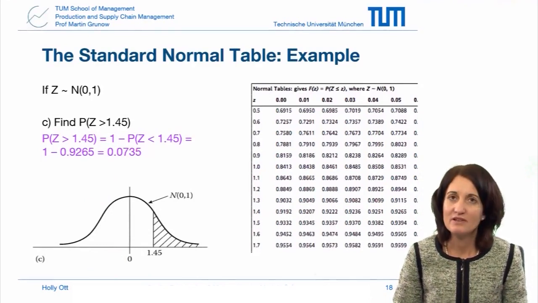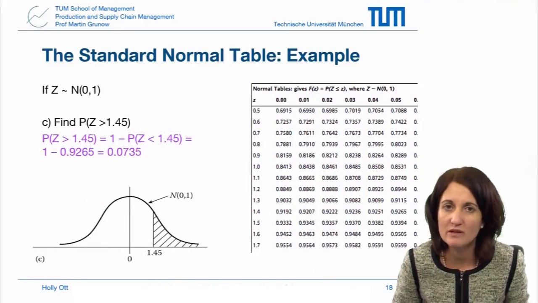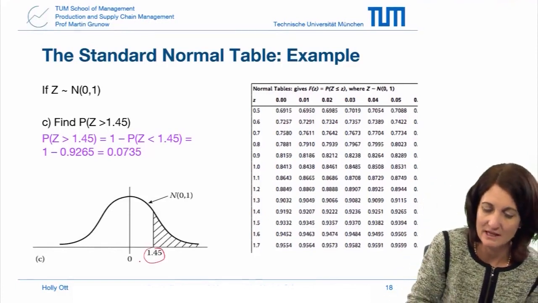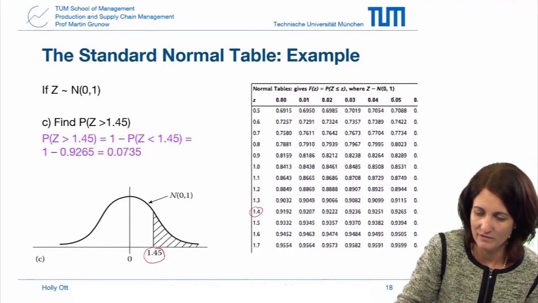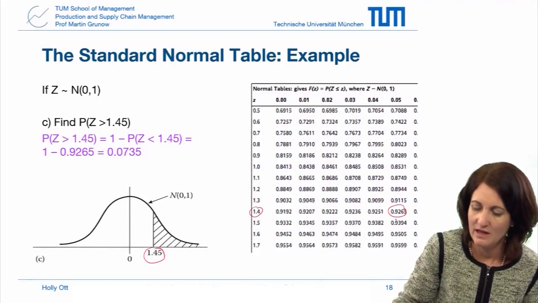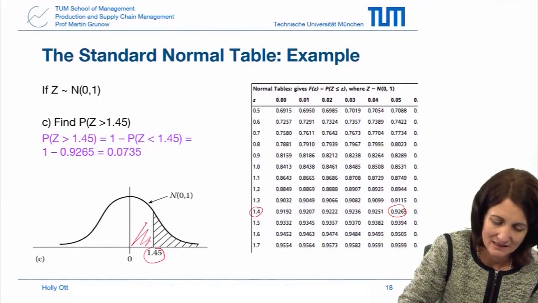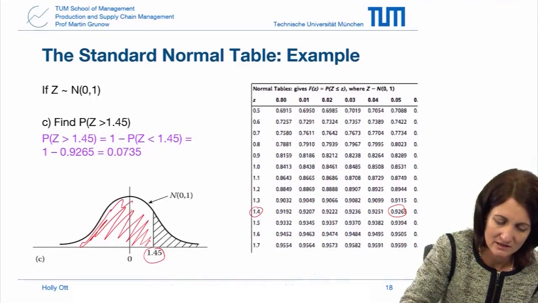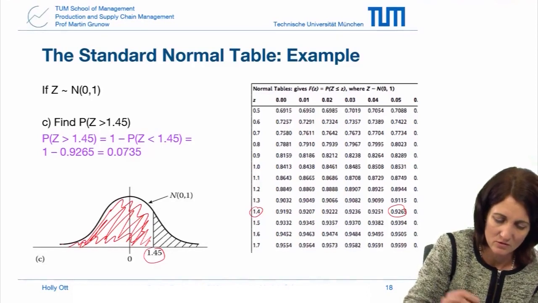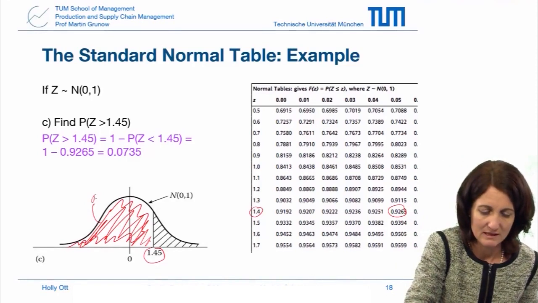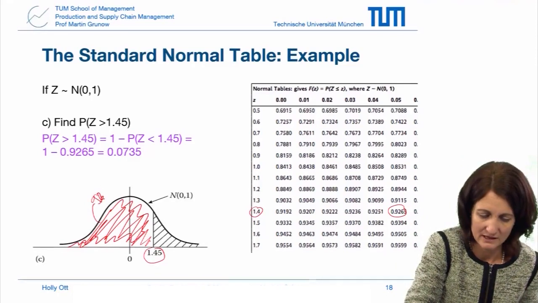We want to look at the other side of things, if Z is greater than 1.45. Z is 1.45 on this side. Go back to our table, 1.45. 92.65% of our population is going to be below 1.45 standard deviations above our mean. This is the 92.65%.